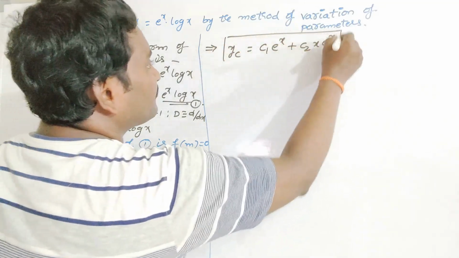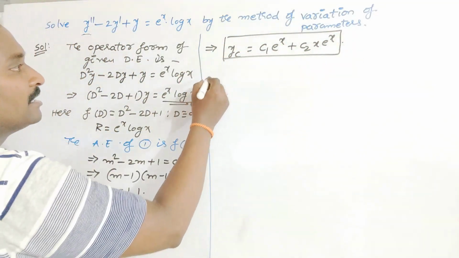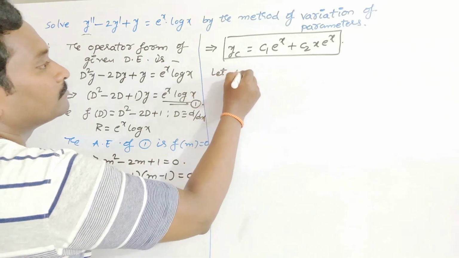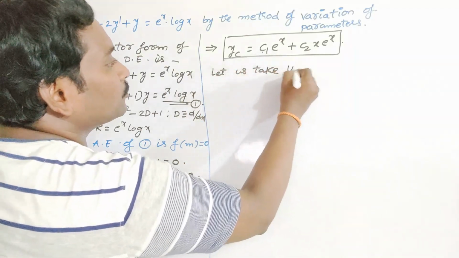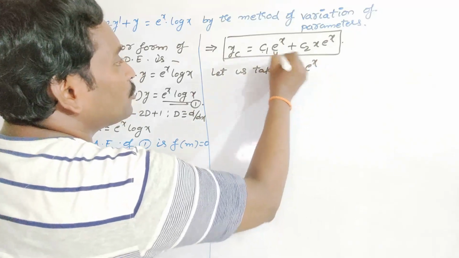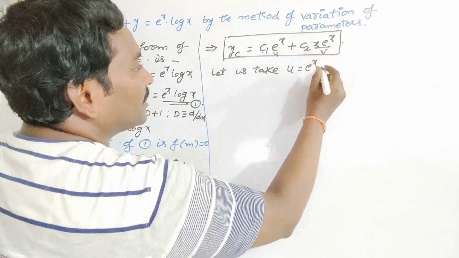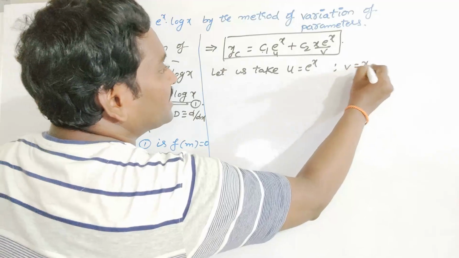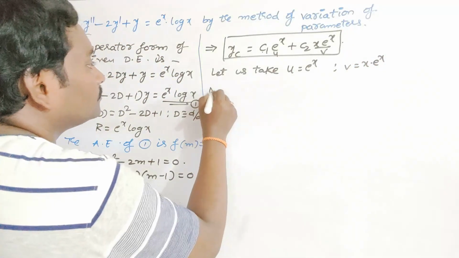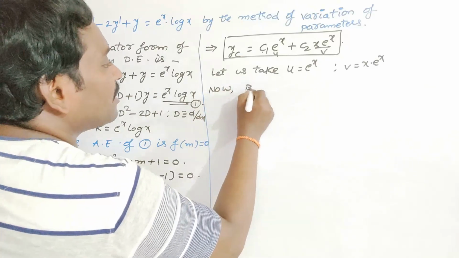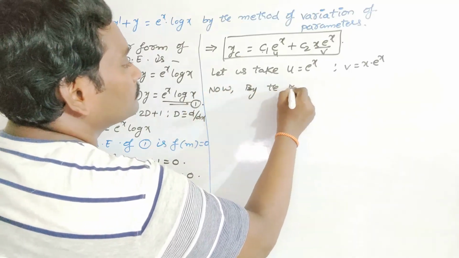This is the complementary function. Let us take the coefficient of c1 as u, so u is e power x, and v is equal to x into e power x. Don't forget it.